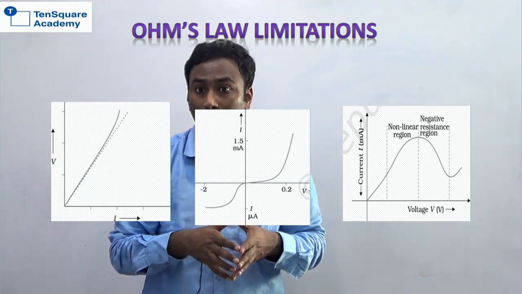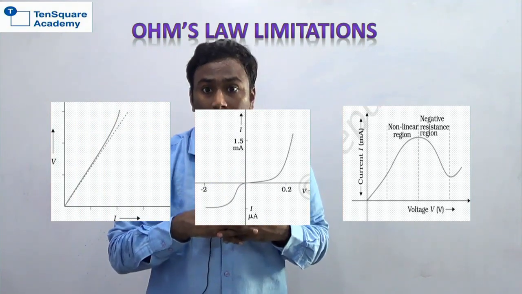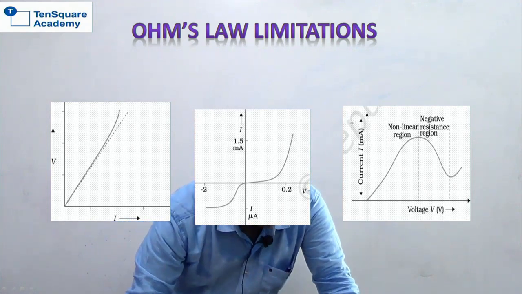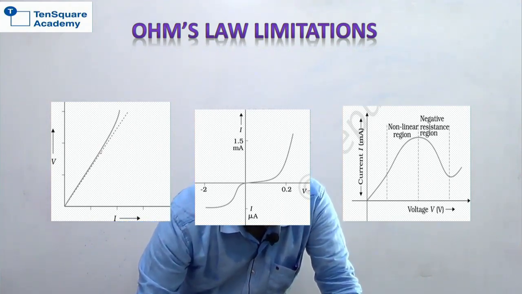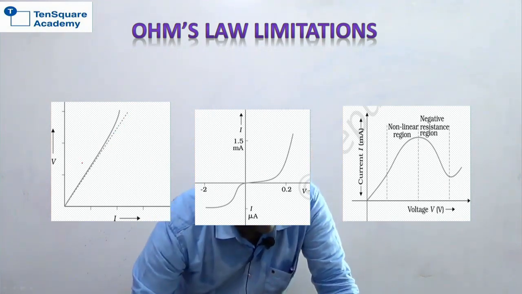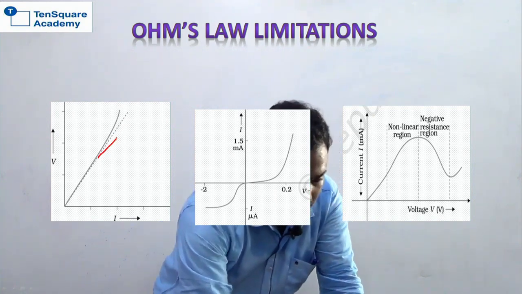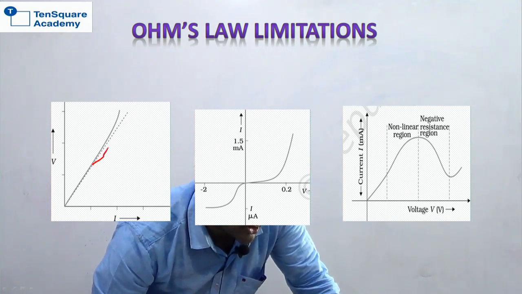Now, this is an important graph, the limitations of Ohm's law. The first graph is a straight line. The expectation is a straight line. Let me draw it again.